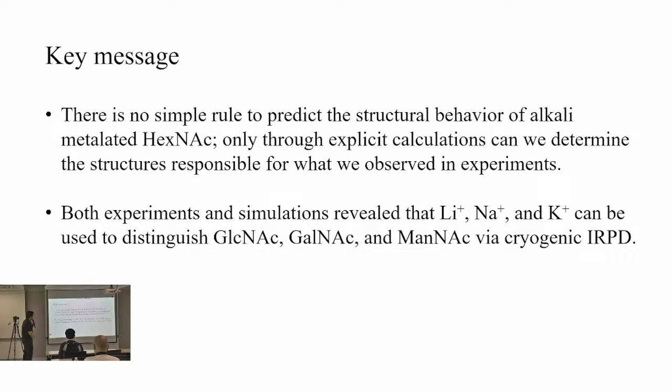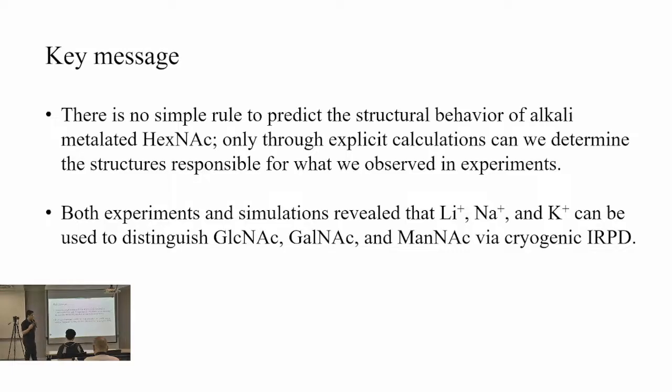Okay, right? But at the end of the day, we still see that these ion systems can still be used to differentiate these sugars, at least the 3 sugars that we have looked into in the experiment. But I did not show it here. We don't have a lot of time, but even those that are not glucose, galactose, and mannose can be differentiated.